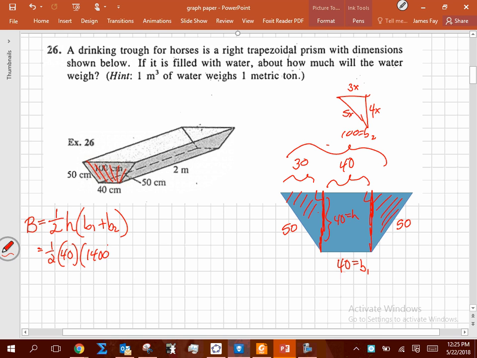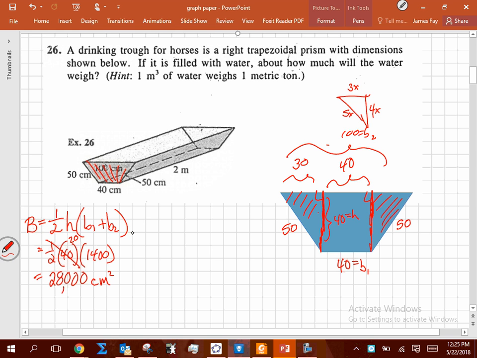That's 20 times 14, or 2 times 14 would be 28. So then I have 28,000 centimeters squared as my B value. Is everybody all right with that? Is that correct? 2 times 14 is 28, three zeros, right?